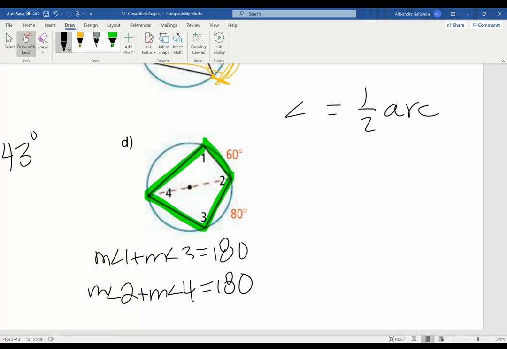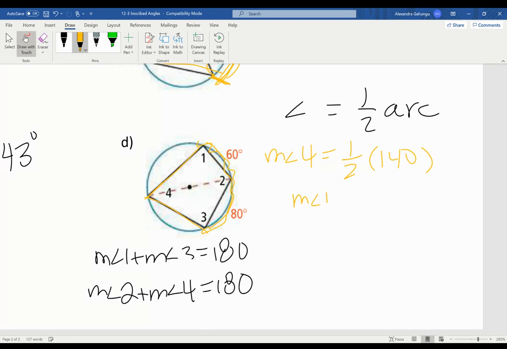So if I look at angle 4, let's say, the intercepted arc is this whole guy. So the measure of angle 4 is half of whatever the arc is. And the arc is 60 plus 80, so it's half of 140.